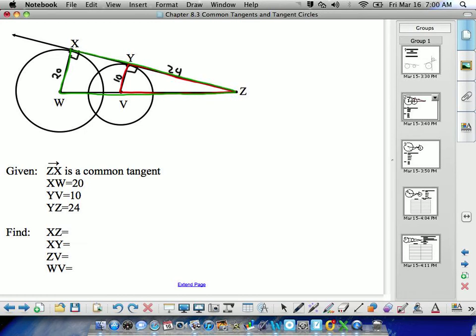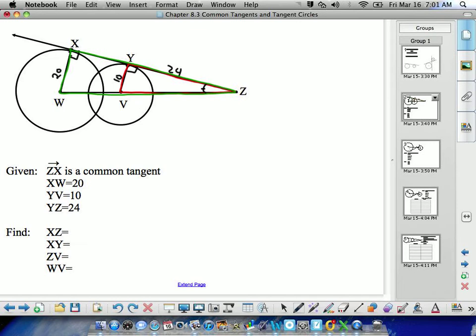Now we already know that they have a right angle in common. These triangles aren't the same size, they're not congruent, but they do share two congruent angle measures. Angle Z would be reflexive for both triangles.